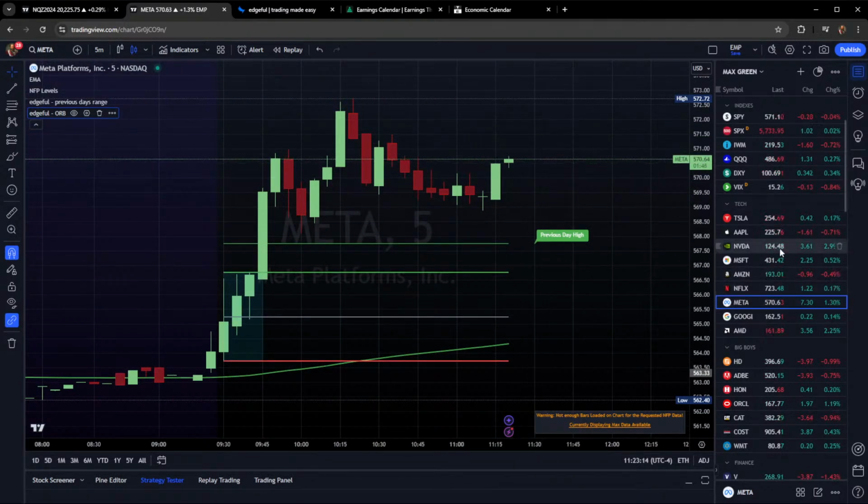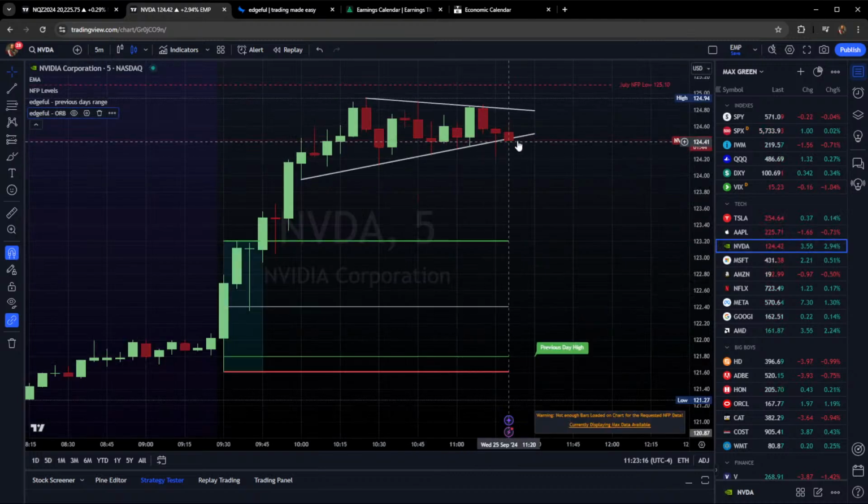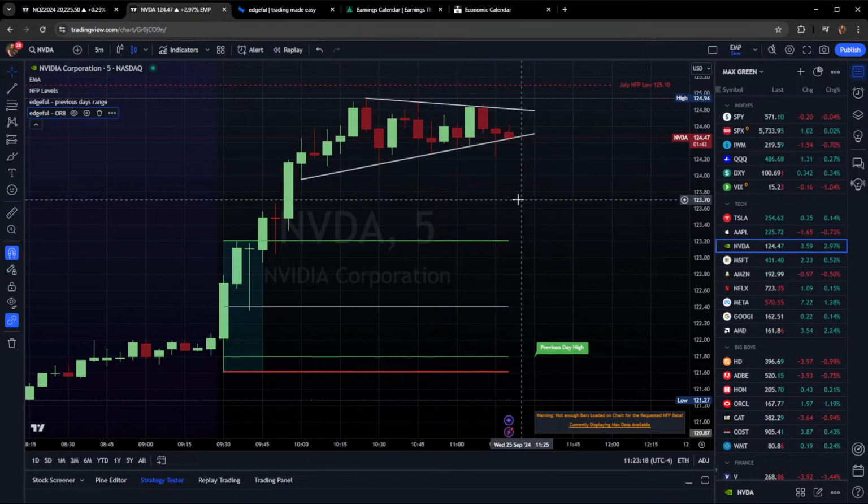Meta strong. NVIDIA needs to come under this. NVIDIA needs to come back down to right here. That would help us out, but it's too strong.